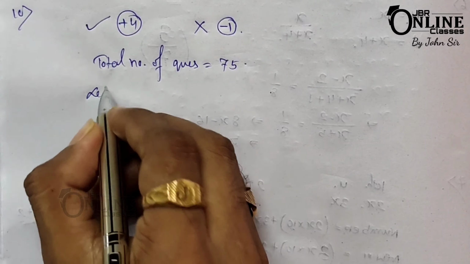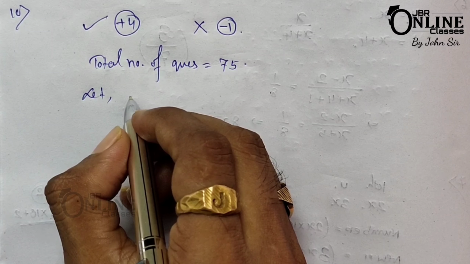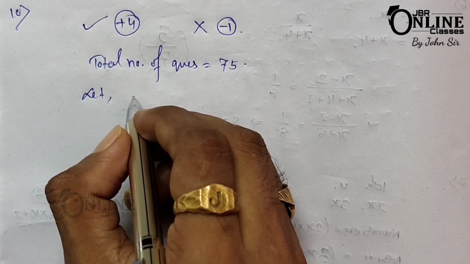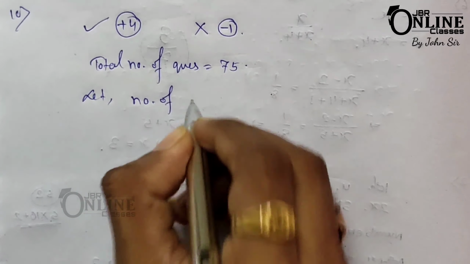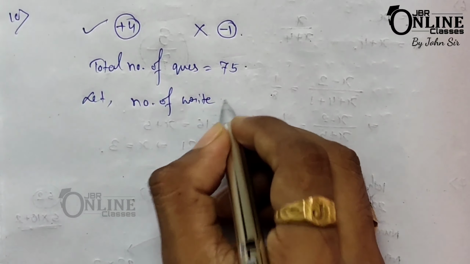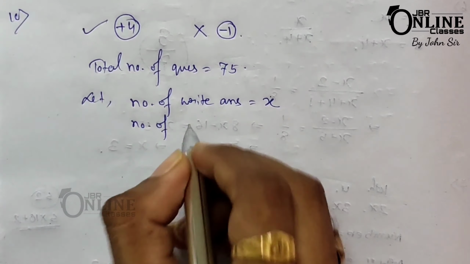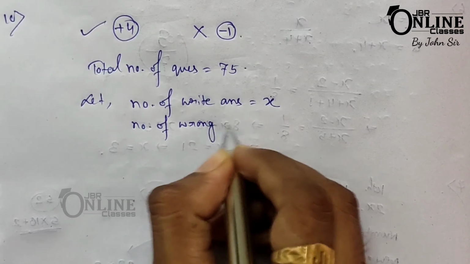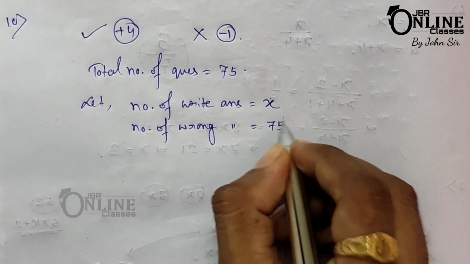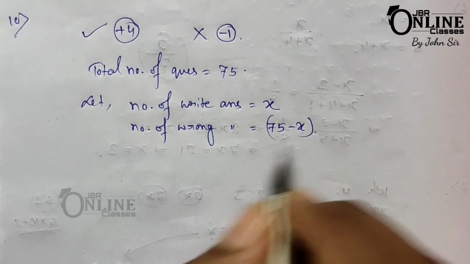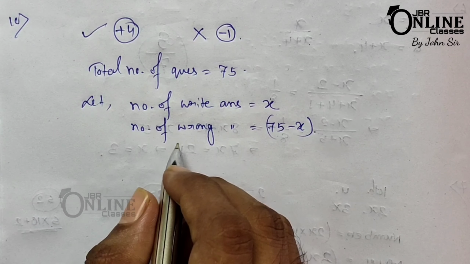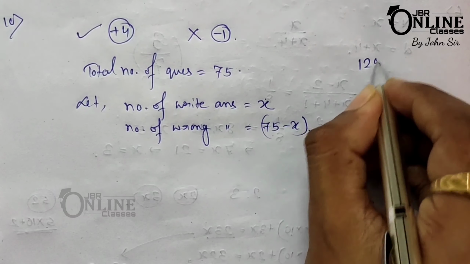So let the number of right answers equal x, then the number of wrong answers equals 75 minus x, and the student secures 125 marks.